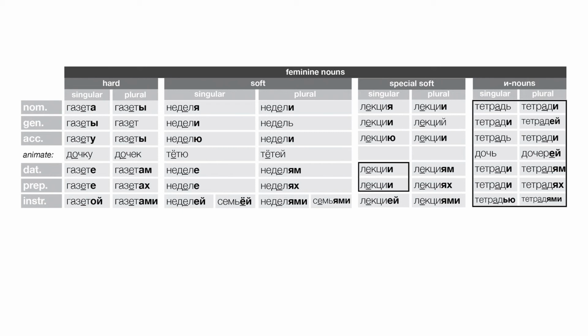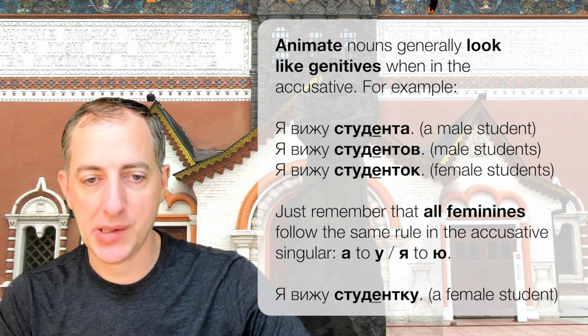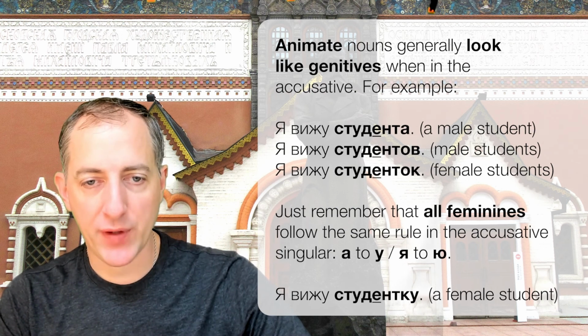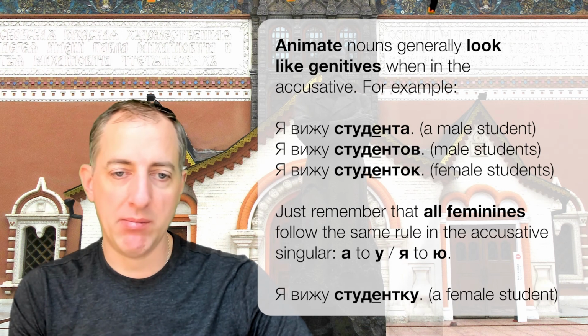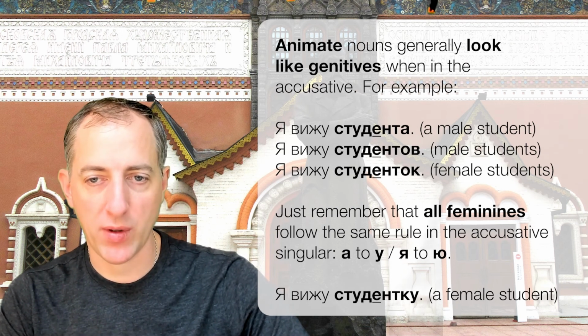So dochek, we get that zero ending, right? A zero ending genitive plural form instead of, for example, dochki, as we might guess, right? So keep an eye out for animate feminines and animate masculines when you're thinking about your accusative forms.